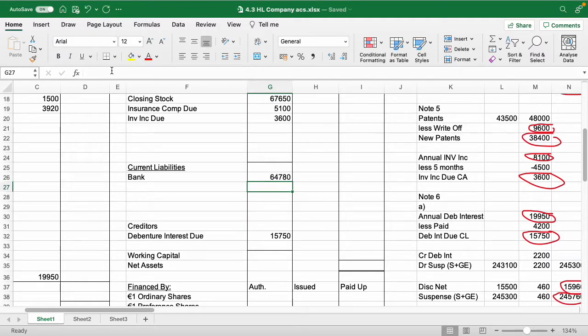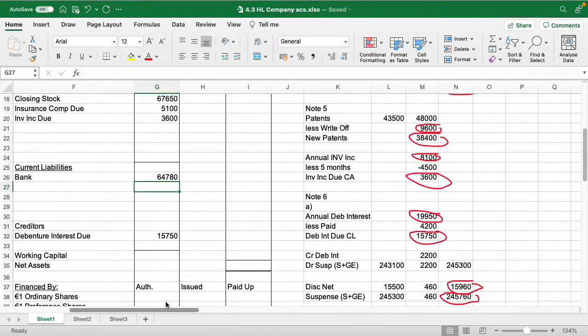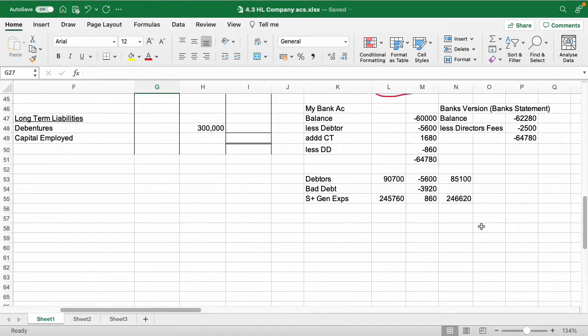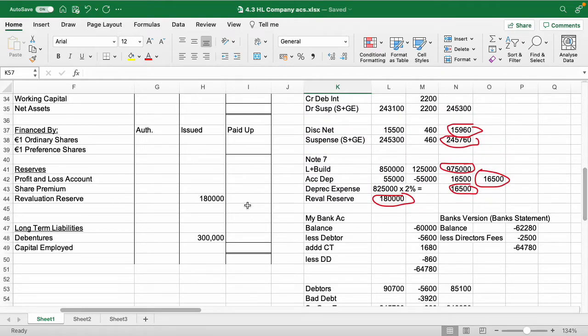Okay. So now, note number, that's not 7, we're on to note, no, that's not 7, that's note 8. That's not 7, this is note 8.